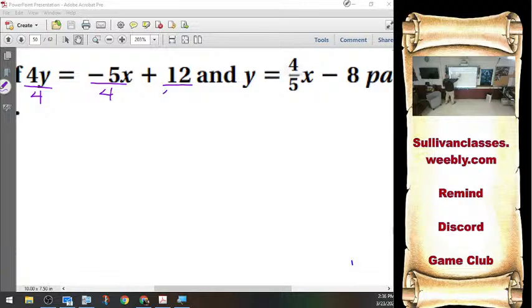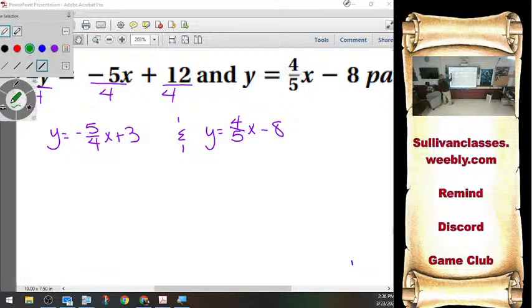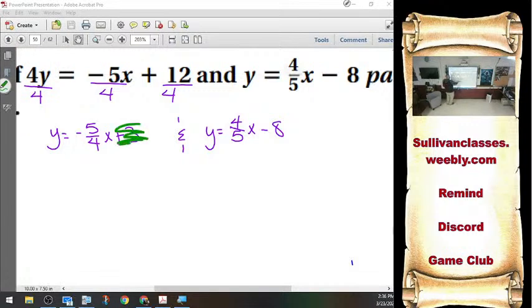Divide everything by 4. Getting y is negative 5/4 x plus 3, and 4/5 x minus 8. Again, I don't care about these y-intercepts. They mean nothing to me when I'm answering this question.